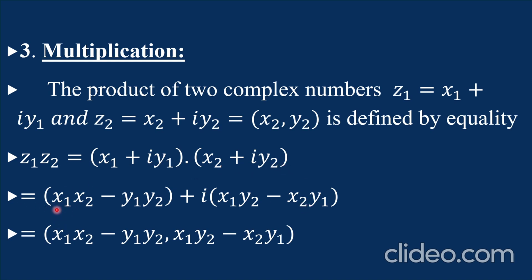So we get x1x2 minus y1y2 plus i into (x1y2 plus x2y1), which is equal to (x1x2 minus y1y2, x1y2 plus x2y1).